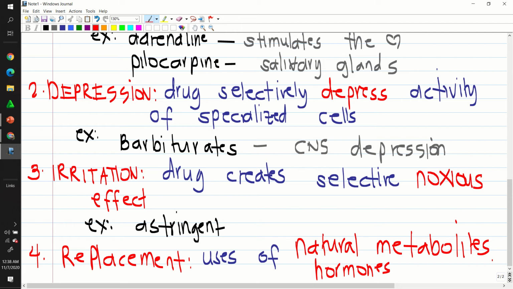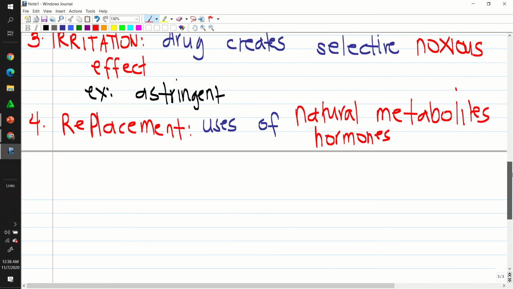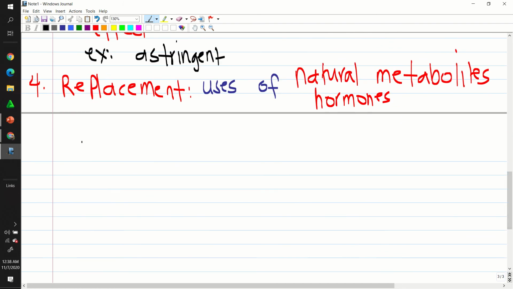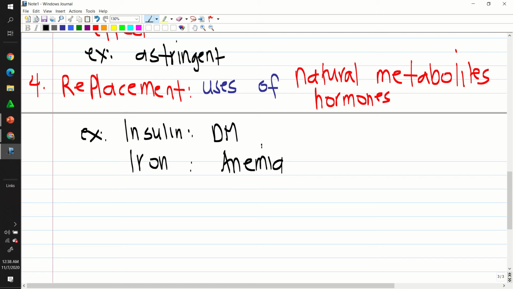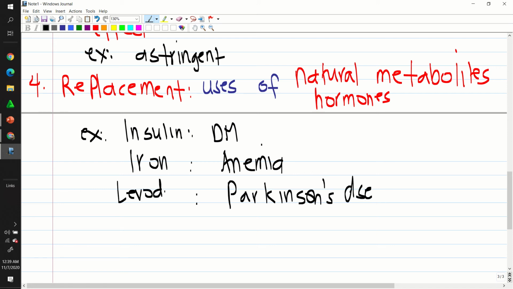A good example of replacement is insulin, which is obviously used for diabetes mellitus. Iron could be a good example. It can be used as a replacement for patients suffering from anemia. For patients diagnosed with Parkinson's disease, you can make use of the replacement levodopa.